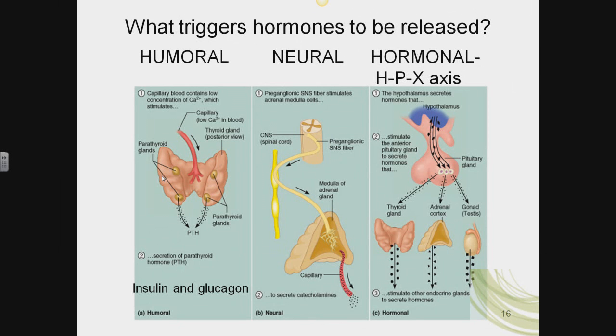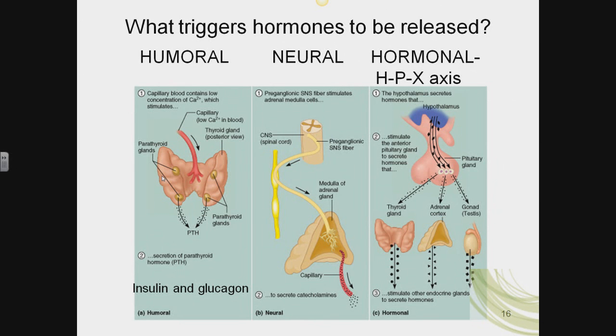And that raises blood glucose. Conversely, if you have just eaten and your blood glucose levels are rising, insulin tells insulin-dependent cells of the body to insert glucose transporters, and then the cells internalize the glucose from the blood, thereby lowering blood glucose levels.